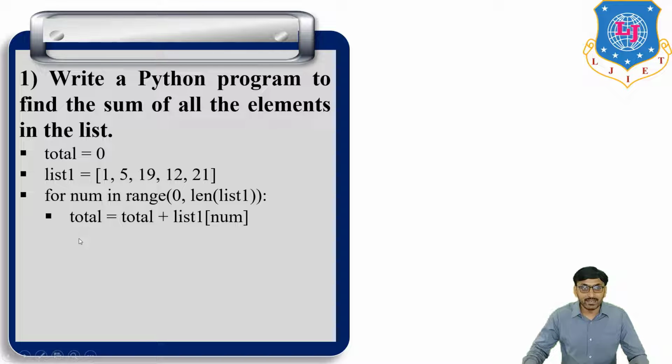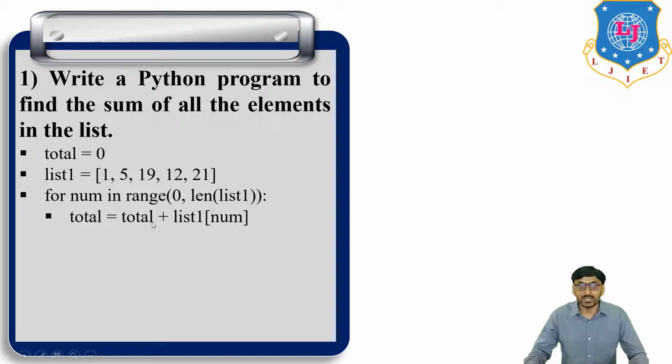Okay, then total is equal to total plus list1[number]. Now the first number is equal to 0, so total is equal to total. The initial value of total is equal to 0. So this initial value of total is transferred here in the first iteration.